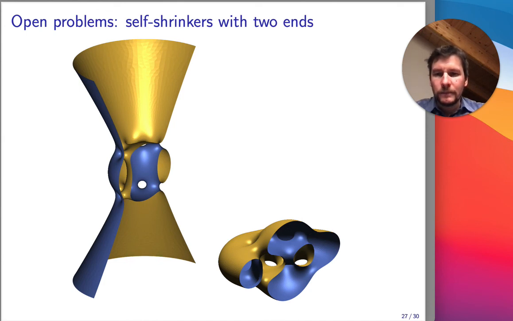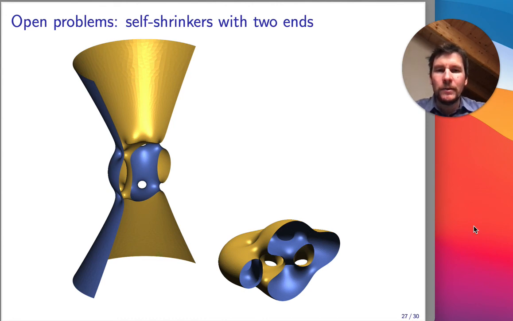Now let me say why a min-max approach to this is very difficult. Here we have this object. Now if you would close up this cylinder here, then you would actually get topologically exactly this. So you would on the one hand change the genus, and on the other hand change the number of ends.